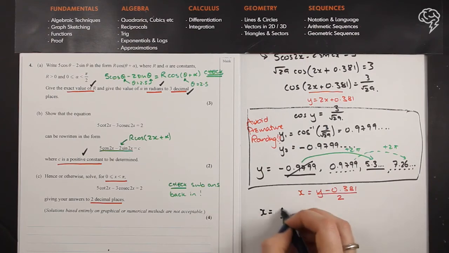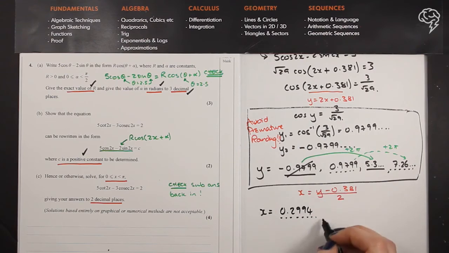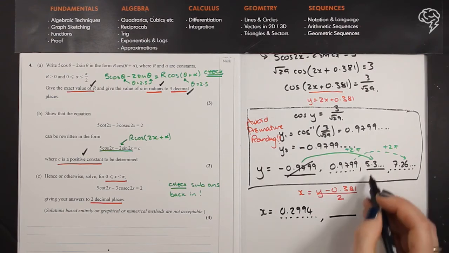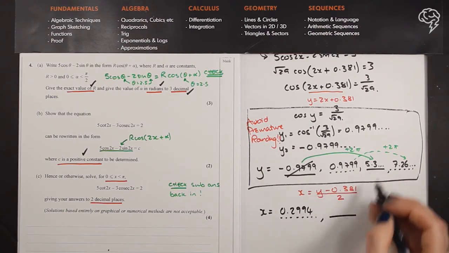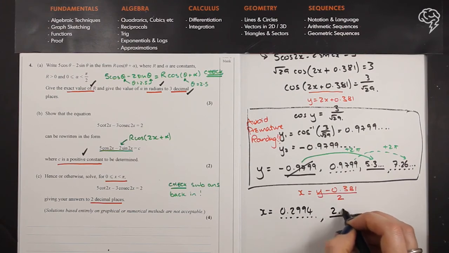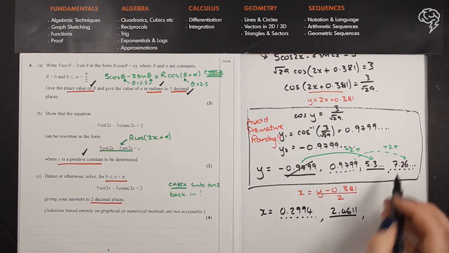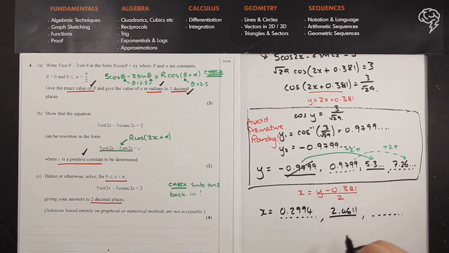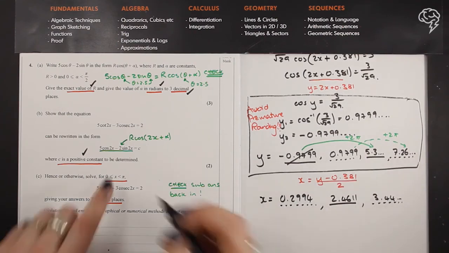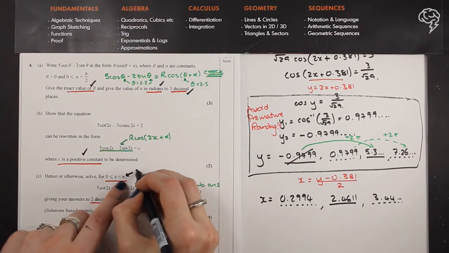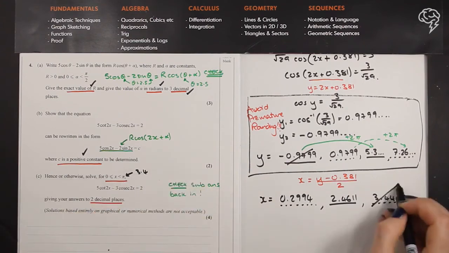This comes out to be 0.2994 when you apply this to it, and then this one, I'm just underlining so that I can track what's come from where. This comes out to be 2.4611, and then this one comes out to be 3.44 something something. Now, we only want to go between 0 and pi. Pi is 3.14, and therefore this is too big.